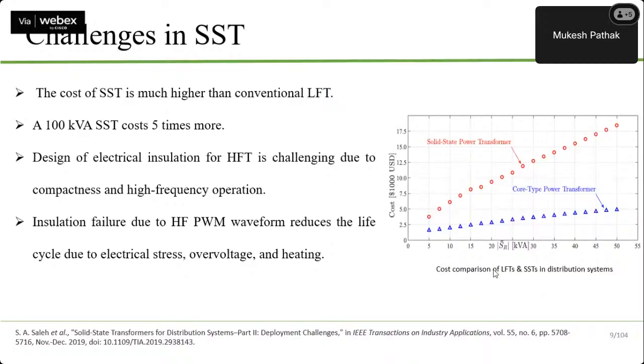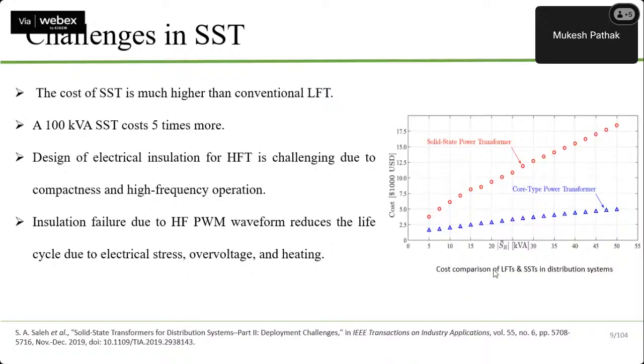Another important issue is that design and installation of a high frequency transformer is much more challenging because of compactness and high frequency operation. Compactness brings the problem of smaller size and heat dissipation, and high frequency operation brings the problem of higher stresses on the insulation.